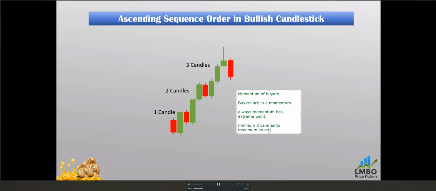After this extreme level, it is possible the buyers make a stop. So we will be aware: when 1, then 2, then 3 candlesticks appear by the buyer, we will identify that the momentum is extreme. Now it is possible the buyers make a stop, so we will find another way right now.